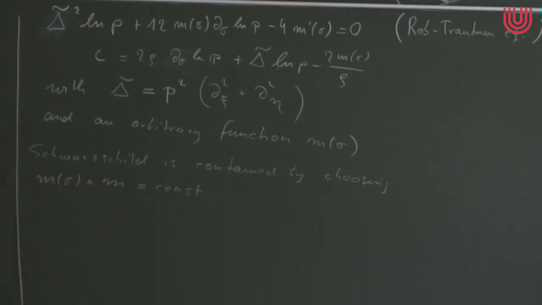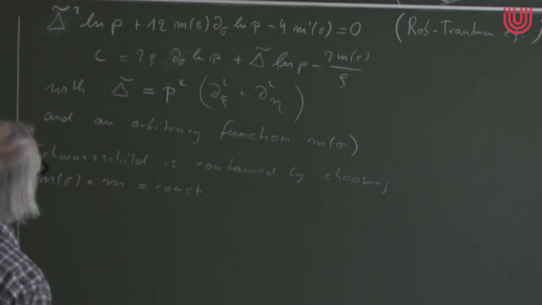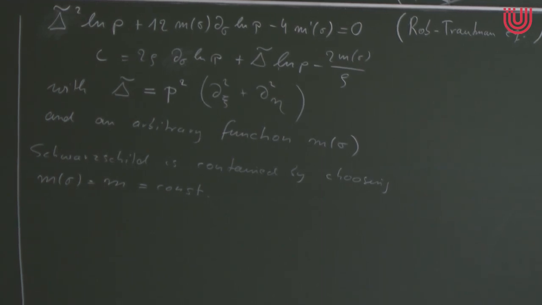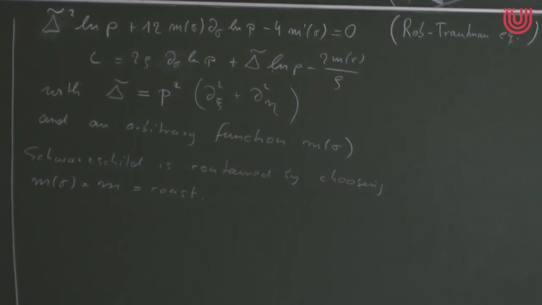It's a mass parameter in the Schwarzschild spacetime. So the Schwarzschild radius is just 2m. m is the thing with the dimension of a length, so it is the mass in SI units multiplied with G, the gravitational constant, divided by c squared.